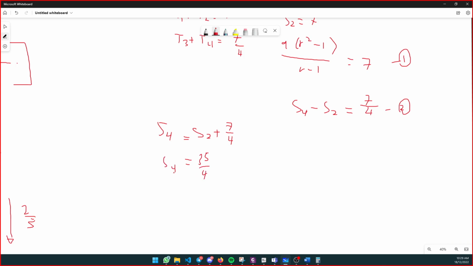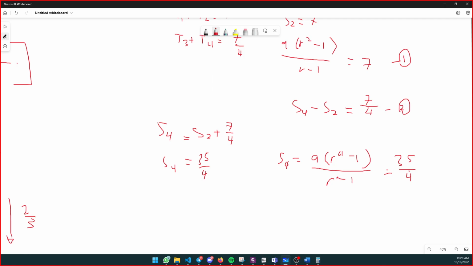So S4 equals 35 over 4. And I can actually say that S4 equals a(r to the power 4 minus 1) over r minus 1, right? And this equals 35 over 4, right?